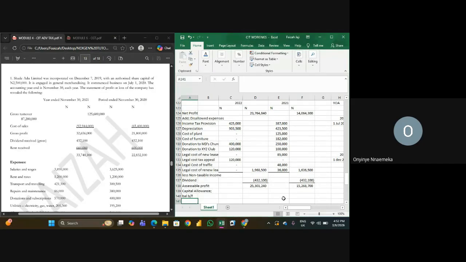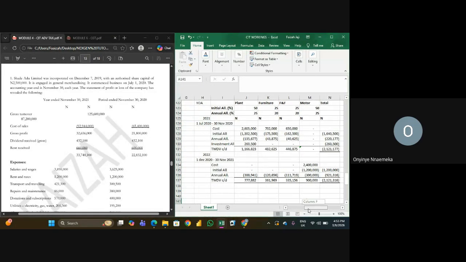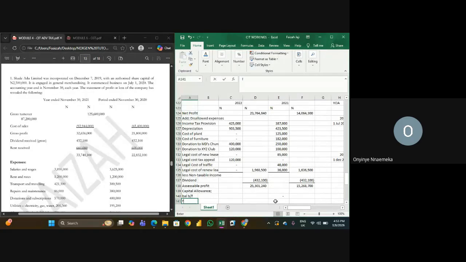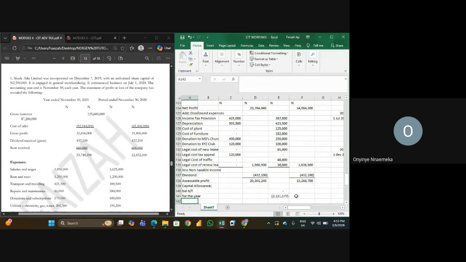So capital allowance brought forward for 2022. Let us do capital allowance for 2021 first to see if there's any balance brought forward that will come for 2022. For the year.